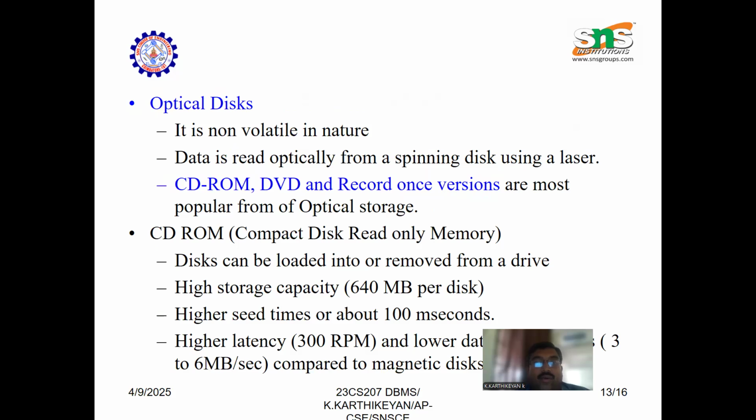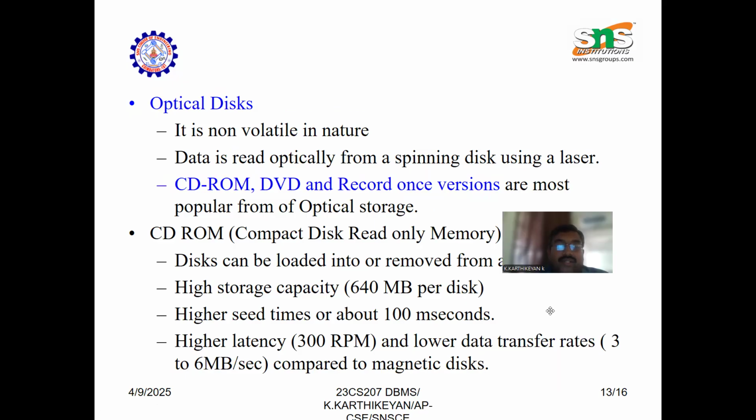CD-ROM, DVD, and write-once variations are the most popular forms of optical storage. CD-ROM is compact disk read-only memory. The disk can be loaded into or removed from the drive. It has a higher storage capacity of 640 megabytes per disk, a higher seek time of about 100 milliseconds, higher latency at 300 RPM, and a lower data transfer rate of 3 to 6 MB per second compared to magnetic disk.